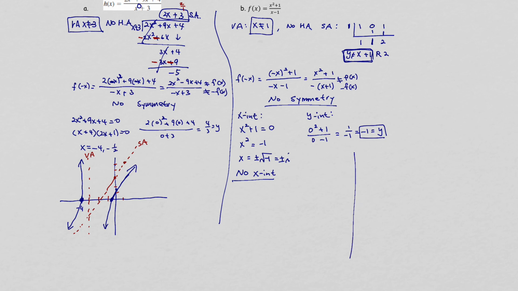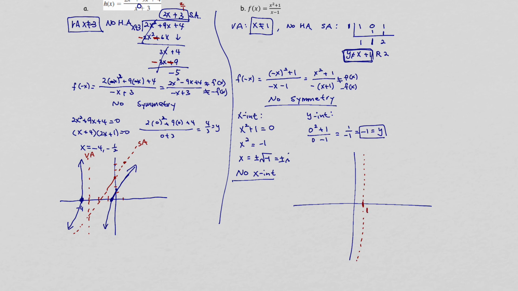You have a graph with asymptotes. The vertical asymptote: x cannot be equal to 1. That's going to be 1.